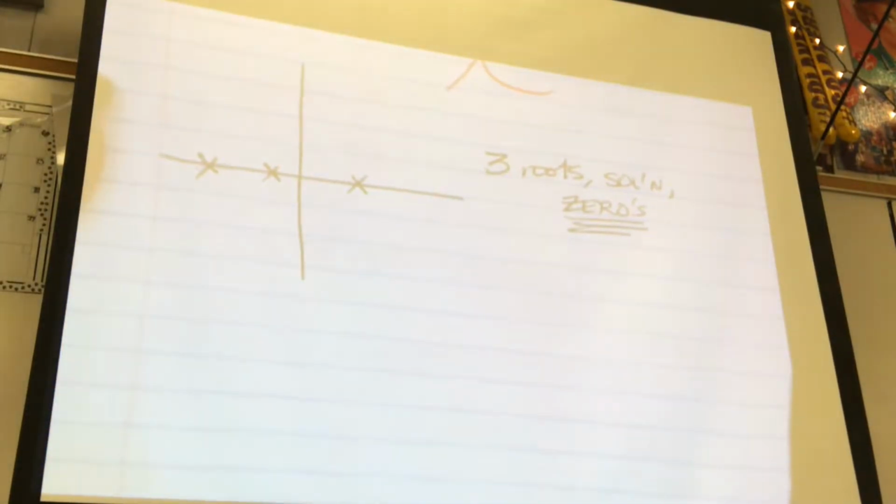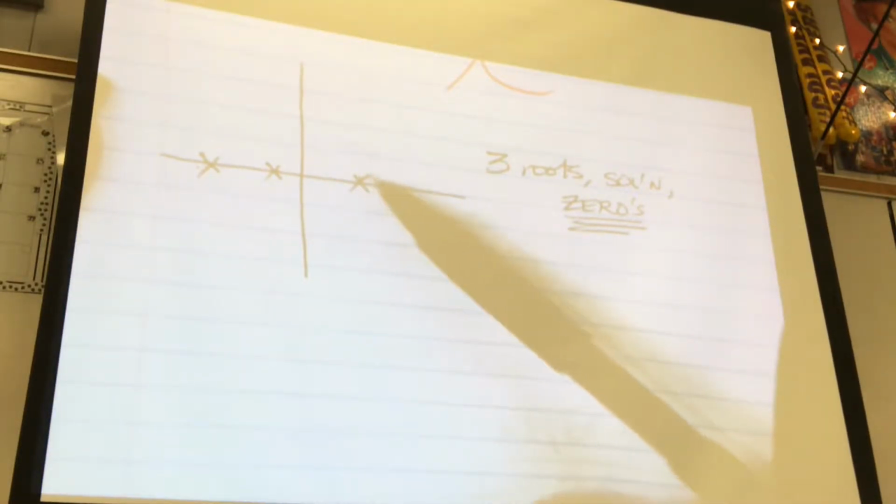I'm going to challenge you to draw me a line or a figure or a drawing so that it passes through all of these points. Can you do that for me, please? It has to pass through these zeros. Can you do that on your paper? Do it in pencil. You can erase it if you mess up.